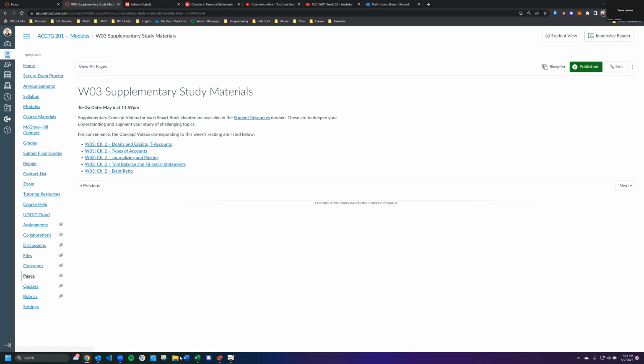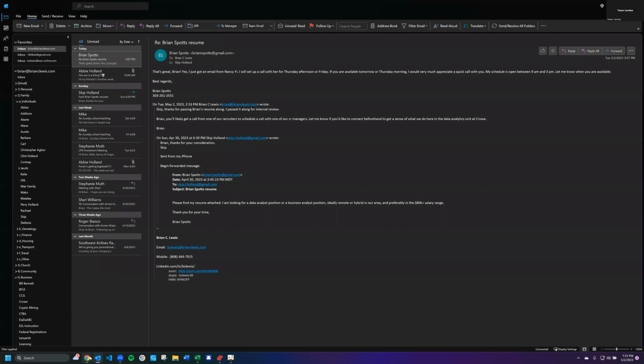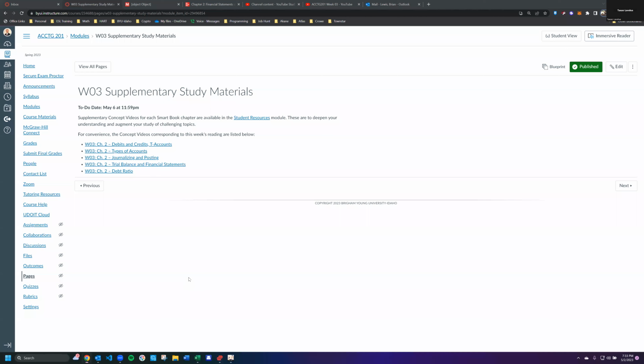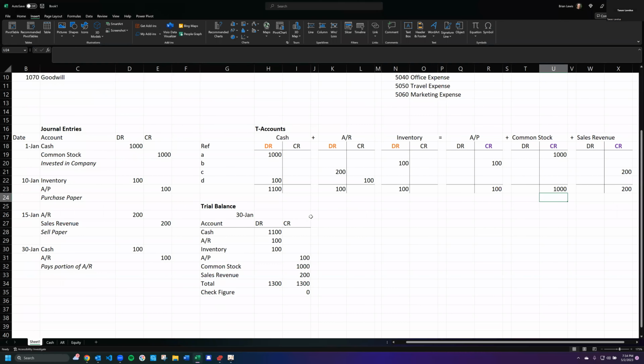Well, thank you. Debt ratio would just be, in this case, let me find my spreadsheet. There we go, Excel. Debt ratio is liabilities divided by assets.